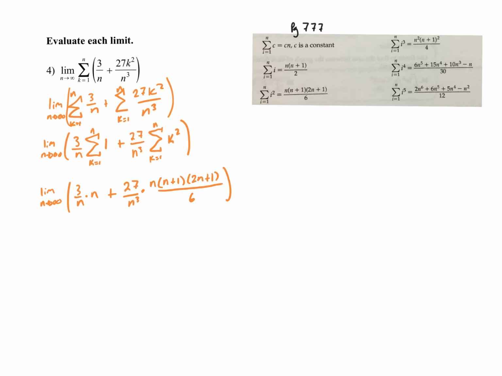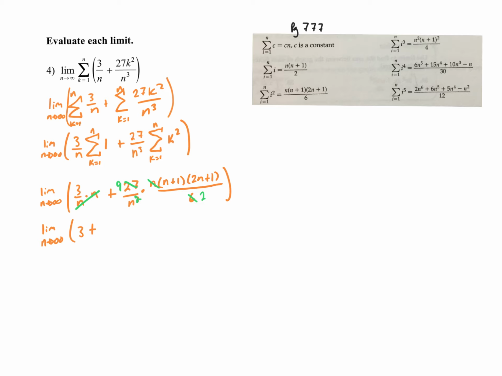Okay, let's keep on simplifying down the limit as n goes to infinity. Those n's will reduce, so I just have a 3 here, plus I have an n here that will reduce with that, making it 2. 3 goes into that 2 times, and 3 goes into that 9 times.